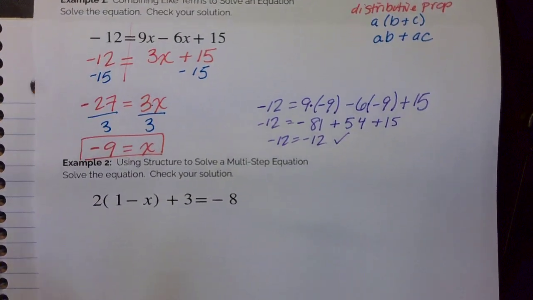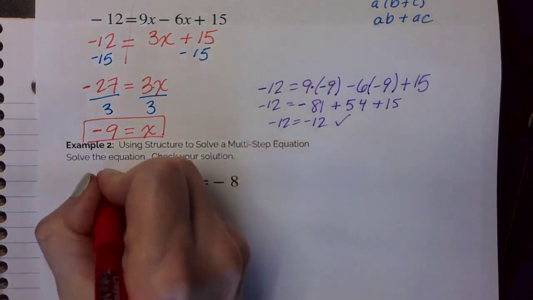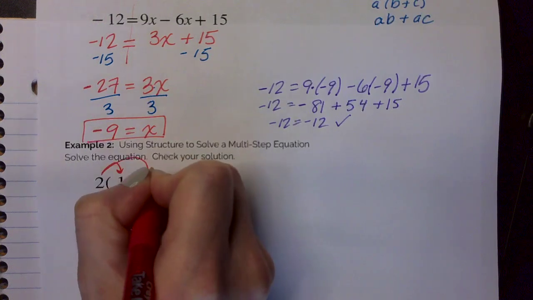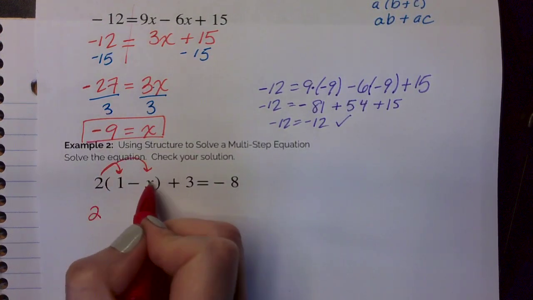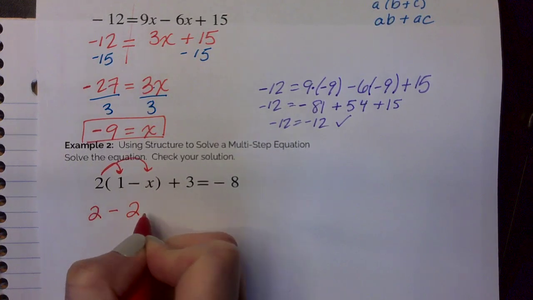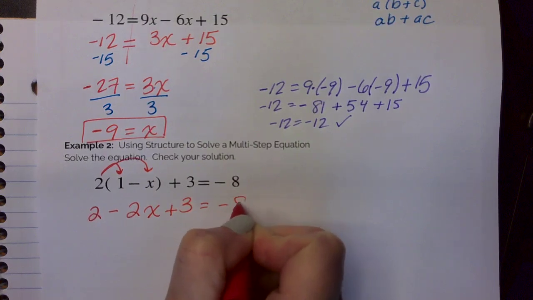Let's do the next one. So again, we need to simplify each side. And let's see, we have the distributive property here. 2 times 1 is 2. 2 times negative x is negative 2x plus 3 equals negative 8.